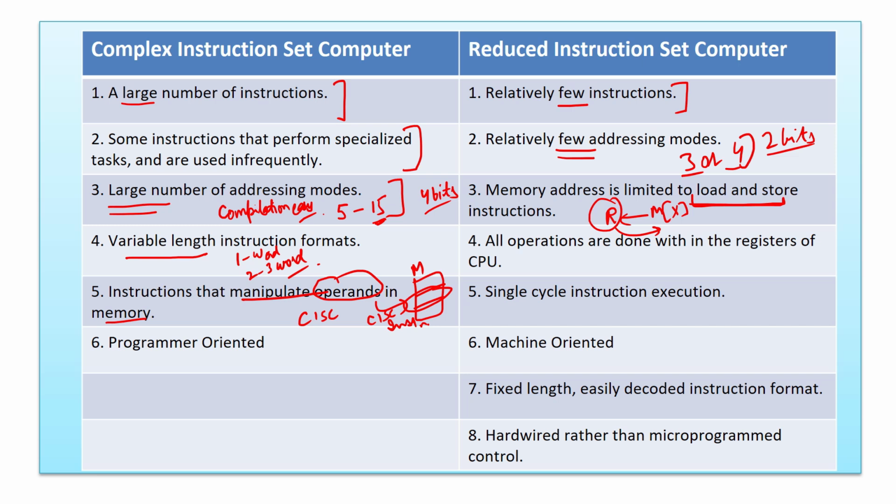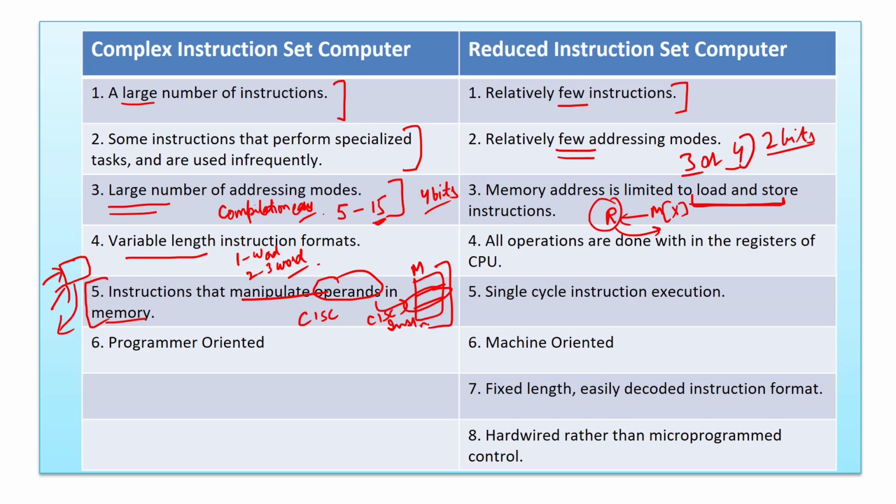Now because in the CISC format we can directly manipulate the memory operand, my instruction will not be single cycle. I have to go to that memory location, I have to decode that value, and then I have to update it.